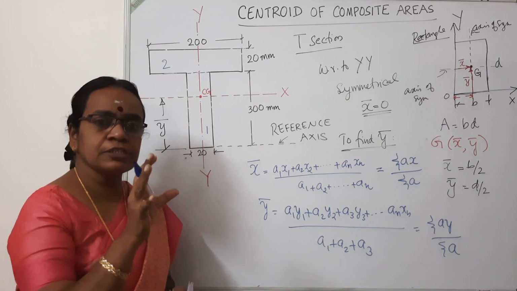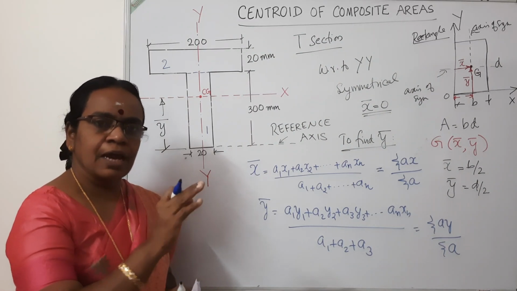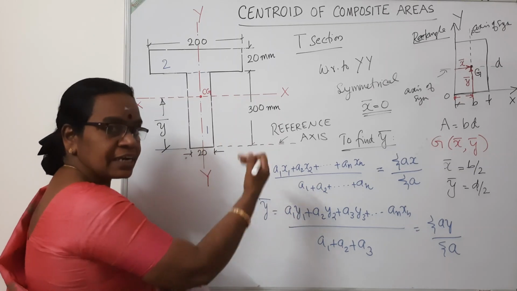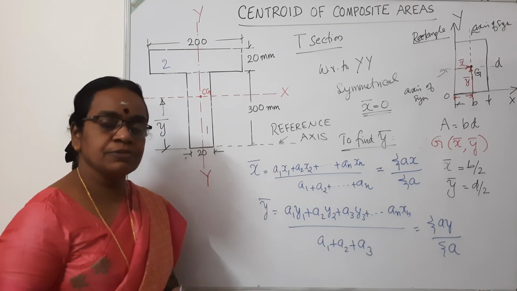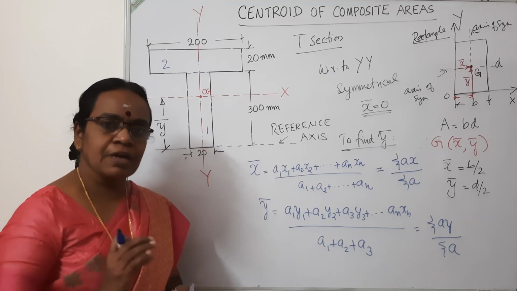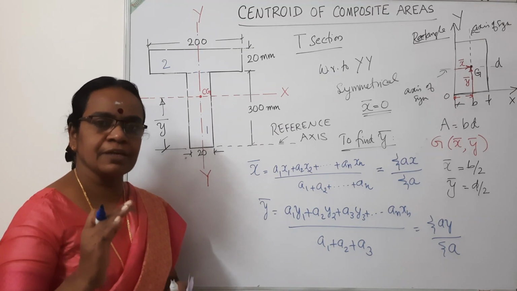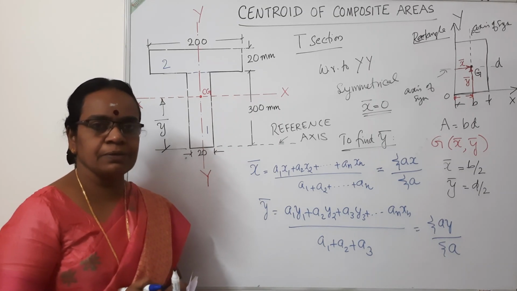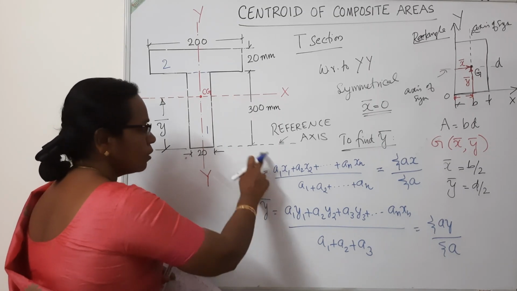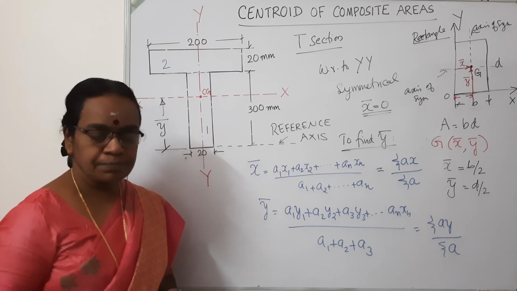Take the first moment of each area about this reference axis and divide by the total area, and that will give you the center of gravity distance. The sum of the first moments of the areas about the reference axis divided by the total area will be the coordinate of the centroid.